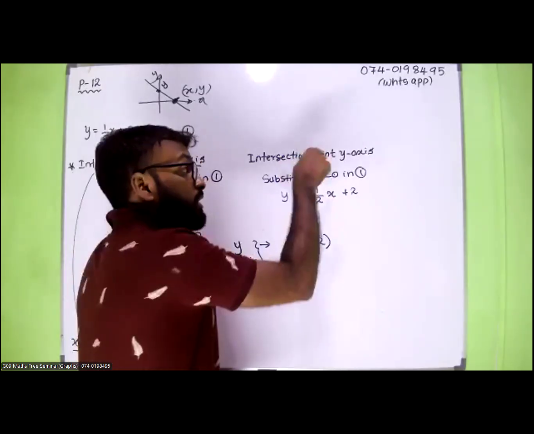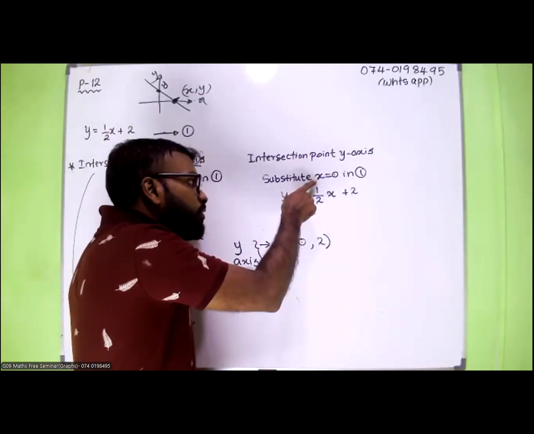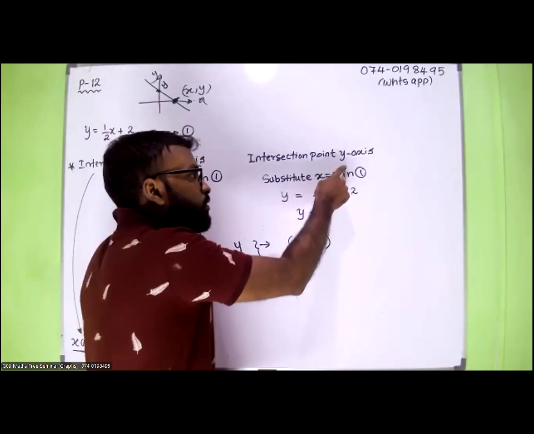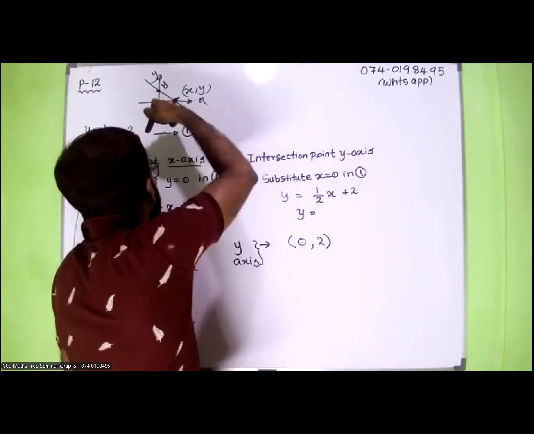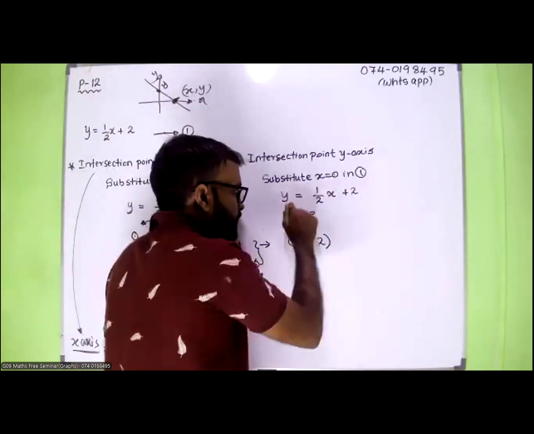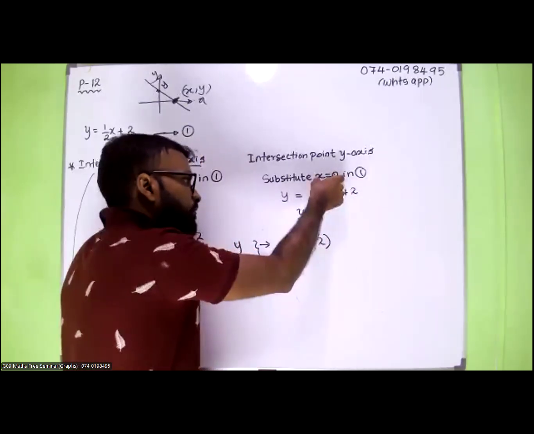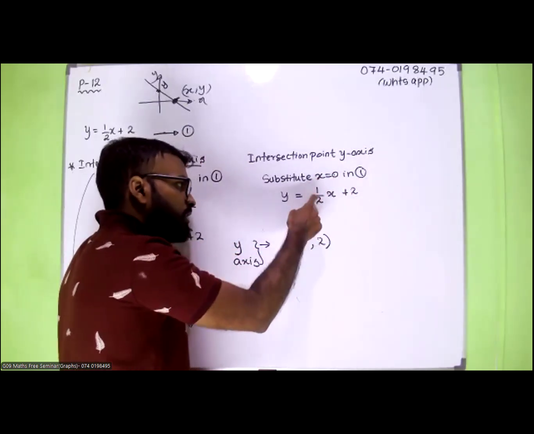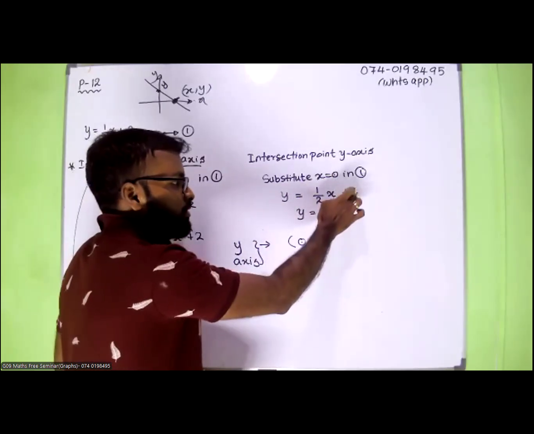If you want to find the intersection point of the y-axis, what do you do? You need to substitute x equals 0. The opposite thing with the y-axis: x equals 0. This is your function y equals 1 upon 2 x plus 2. If you substitute x equals 0 in this term, this whole term becomes 0. So y equals 2.